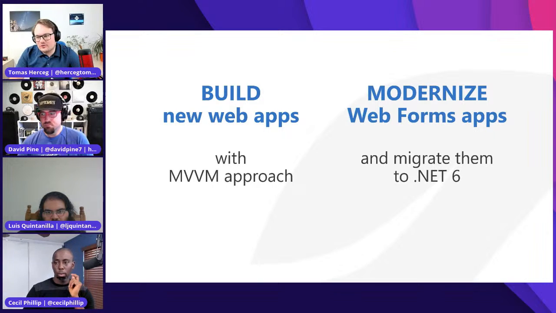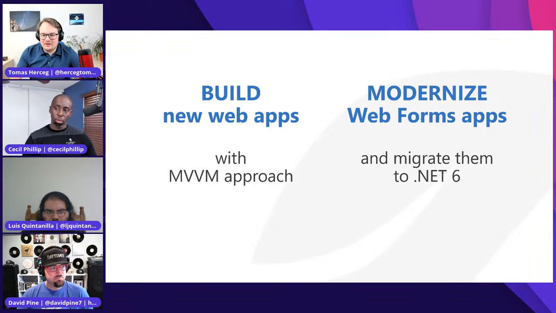And also, because .vvm still supports even the old ASP.NET, it can be a migration bridge from ASP.NET, for example ASP.NET Web Forms, to .NET 6, .NET 7, because you can install the .vvm NuGet package in these old projects and start using the framework, and maybe slowly get rid of the old web form stuff.